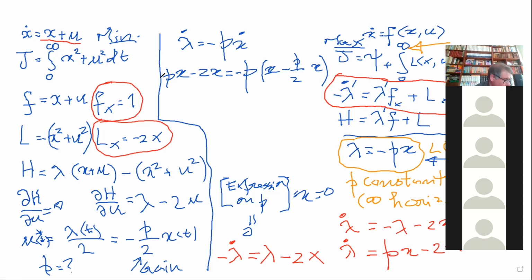Let me see if we don't have any changes in signs that we lost along the way.